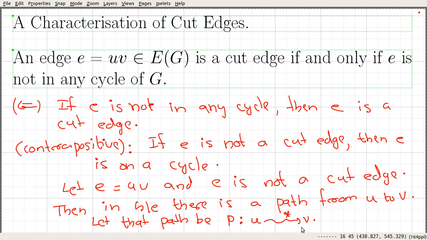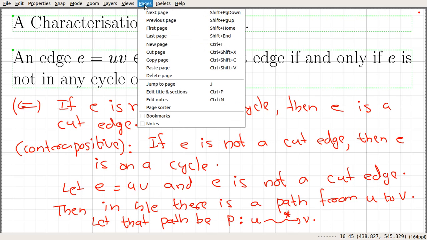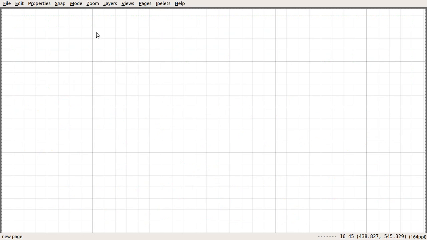So here the situation is something like this. We deleted this edge, so we have this graph. Let's look at that situation here. This is our G minus E. In that graph we have something like this: U, V. We deleted this edge, and let me draw that edge in dotted line.